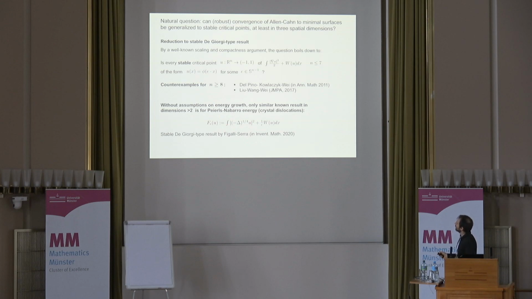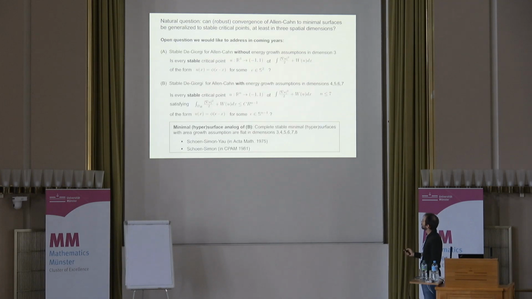This is the so-called Pili-Navarro energy, when you put the Laplacian to the 1/4, whatever, square. This is a different energy, a different Fourier symbol, but it has the same qualitative properties. It's a bit more non-local, but still the limit for this energy as epsilon goes to 0 is minimal surfaces, right? But today I would like to describe something more similar to Allen-Cahn.